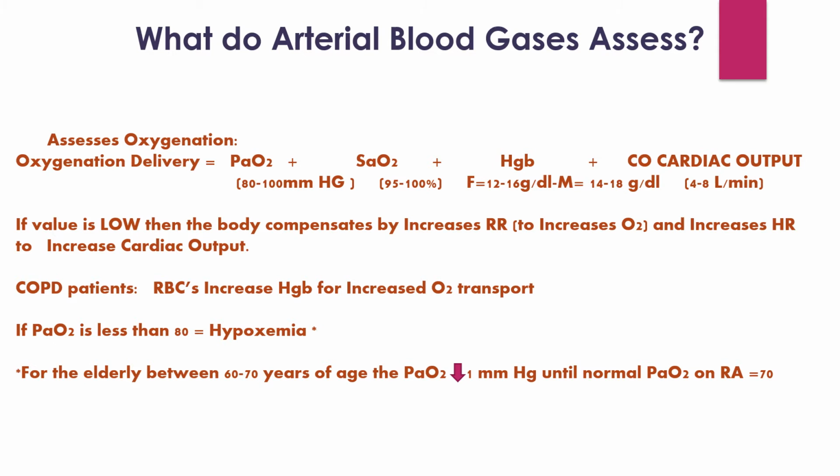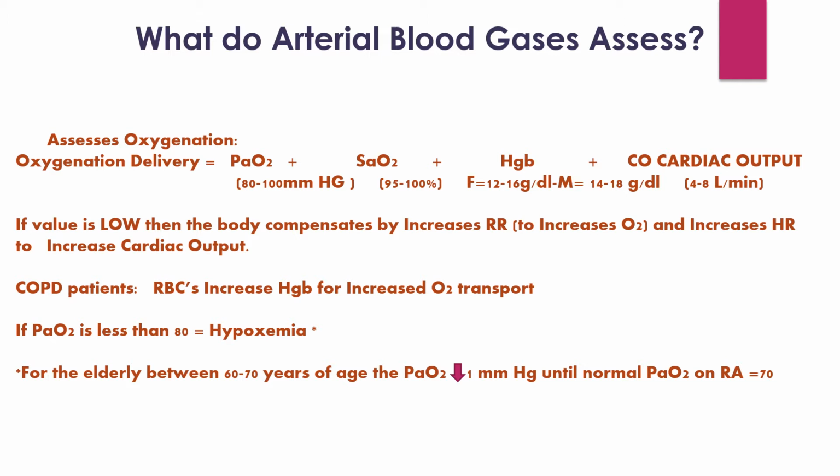And what do arterial blood gases assess? They assess oxygenation, and not only that, but oxygen delivery. Your PaO2, which is the partial pressure of oxygen in your blood, has a normal range of 80 to 100.